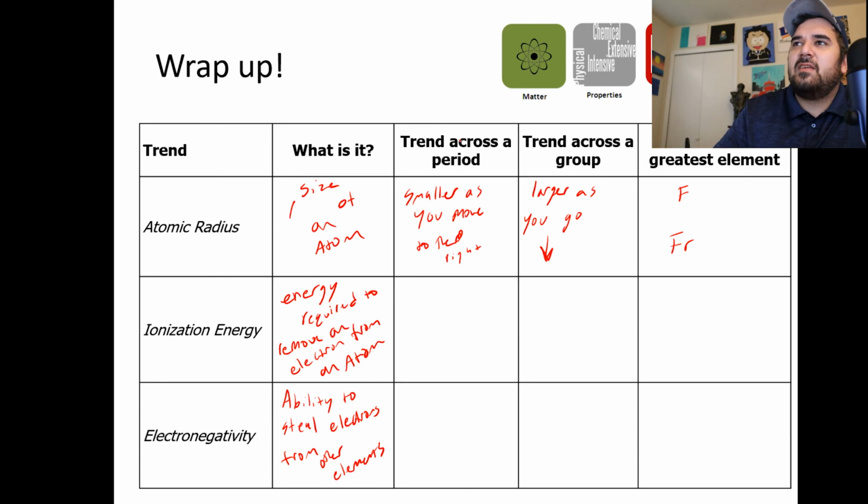For ionization energy, the trend across the period, ionization energy increases as you go to the right. And then when we're talking about groups, it decreases.